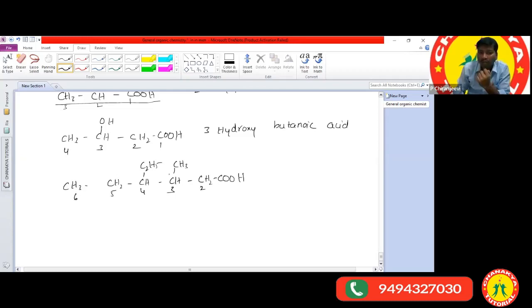The given compound contains more than one substituent, two different substituents. When the compound contains two different substituents, we have to write the substituent names in alphabetical order.